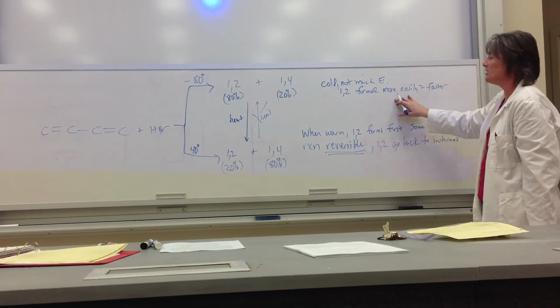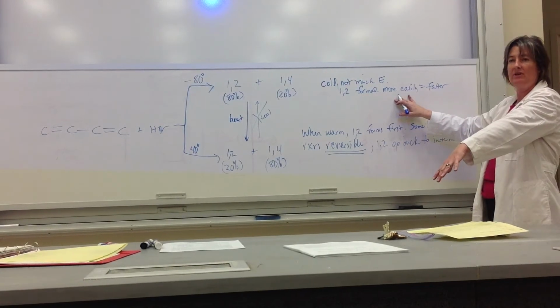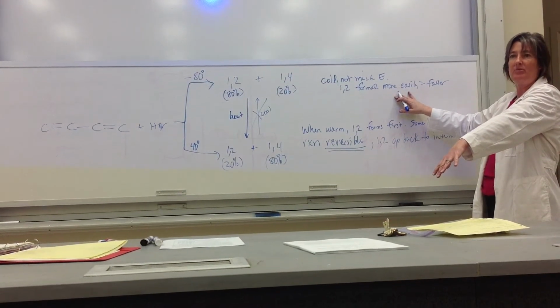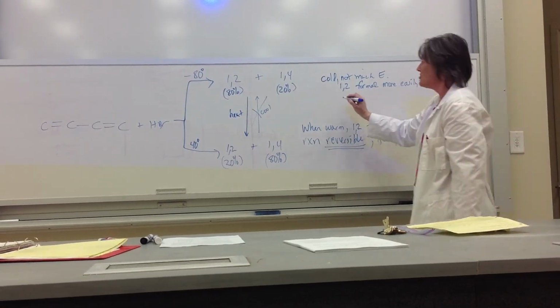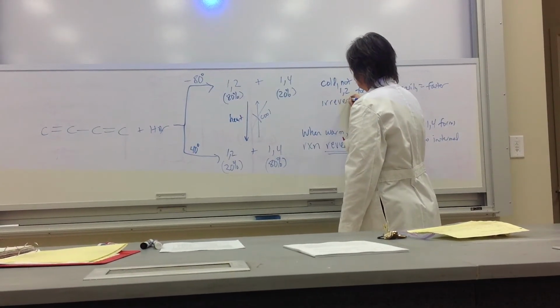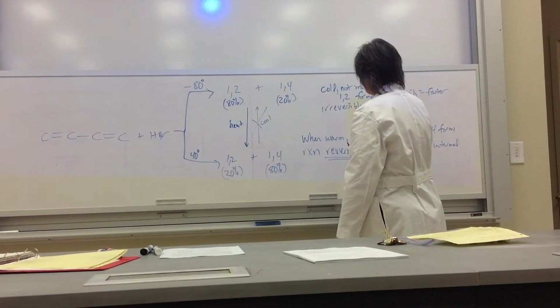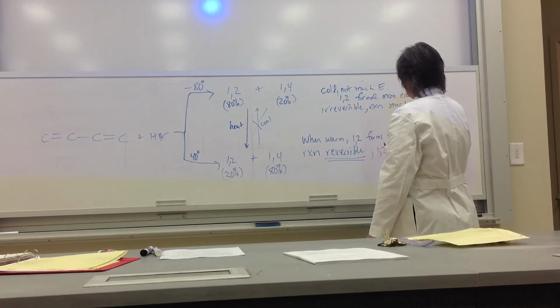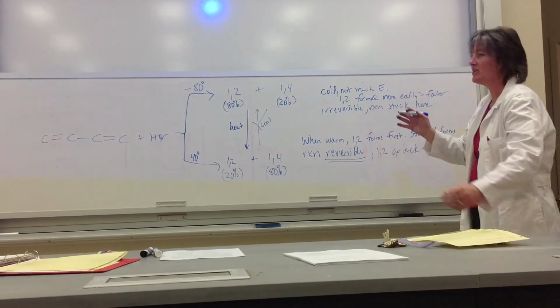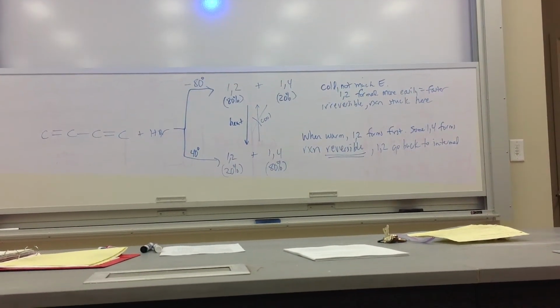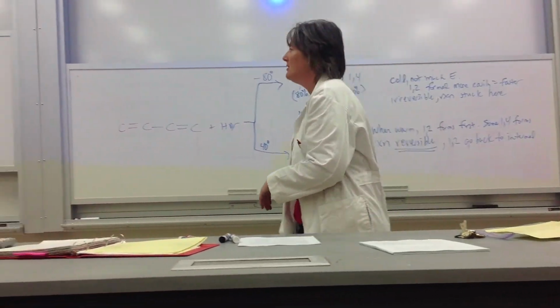When it was really, really cold, the 1,2s formed, and it was like being trapped in a pit. They couldn't go back. So this was irreversible. And the reaction was stuck. It was stuck here at these ratios. Not the case when it's warm.